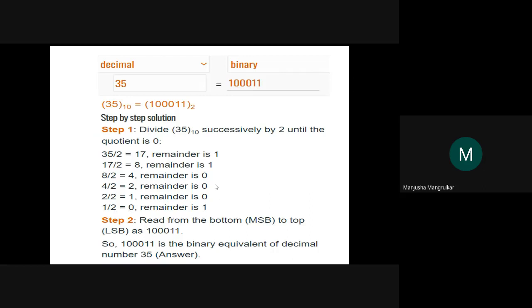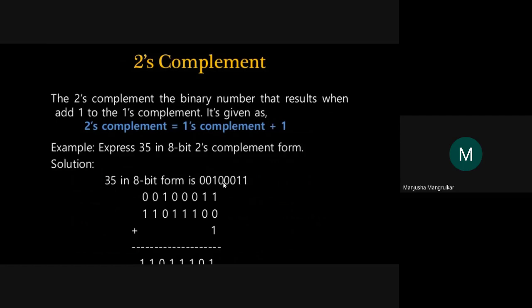And we read from the bottom. So our data is 100011. Now see here, 100011. To make the data 4-bit groups, we add extra 0s over there, right? So this is a 4 bit and this is a 4 bit.